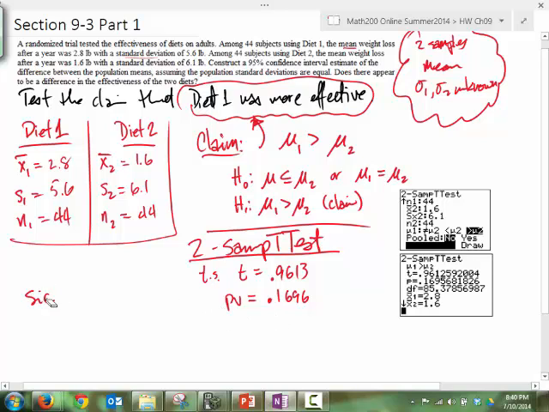Since what is what? Since the p-value is compared to alpha is what? Greater than. Remember, we're going to assume that alpha is 0.05 and our p-value is 0.16 or 0.17. Since our p-value is bigger than alpha, we what? We fail to reject the null hypothesis.